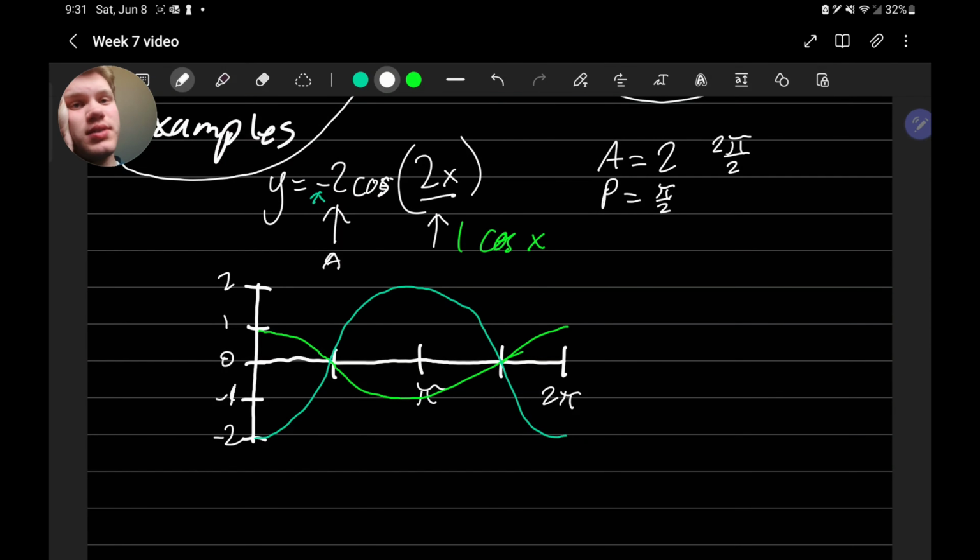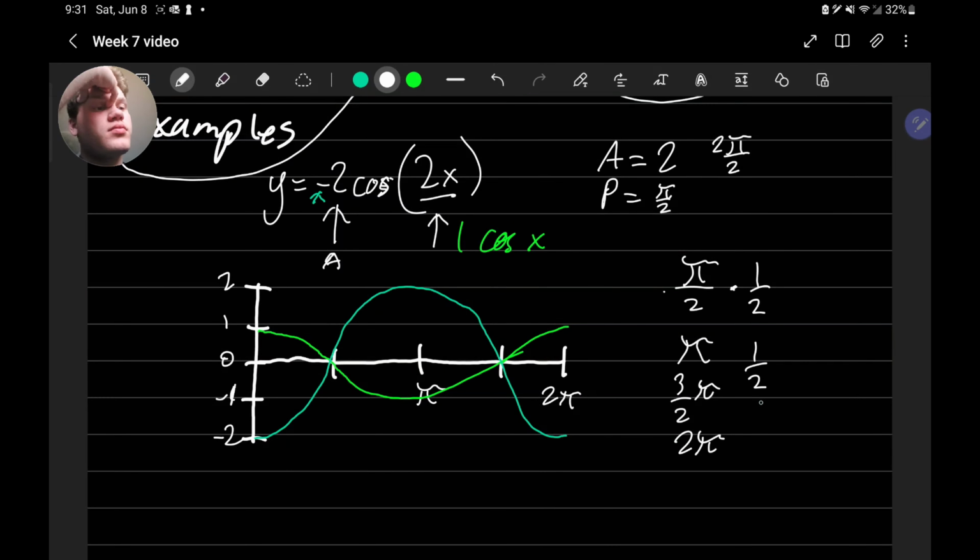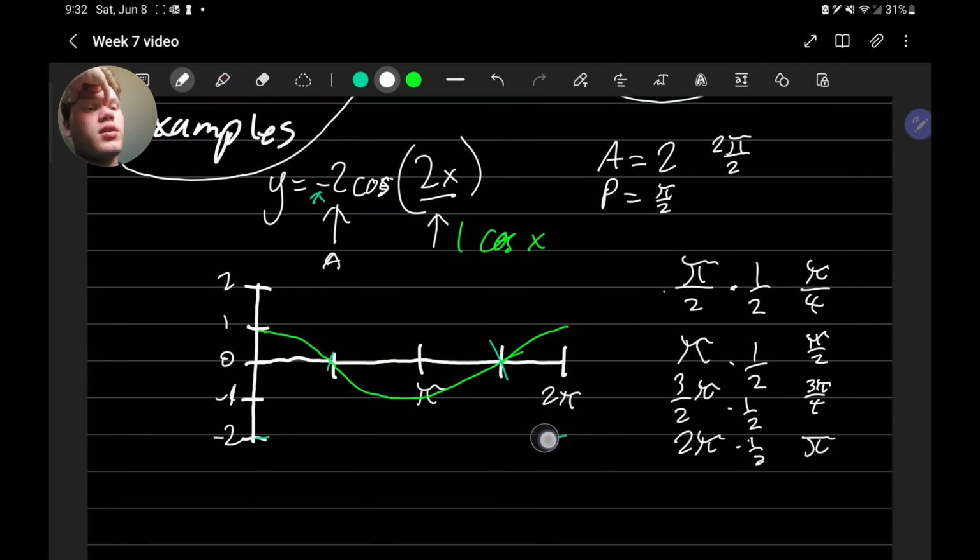And what that is going to do is divide all of the pi values, so your pi over 2, your pi value, your 3 over 2 pi, and your 2 pi, or multiply them by 1 over 2. Your ending sine wave will look something like this.